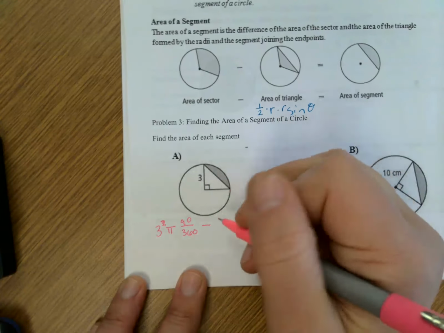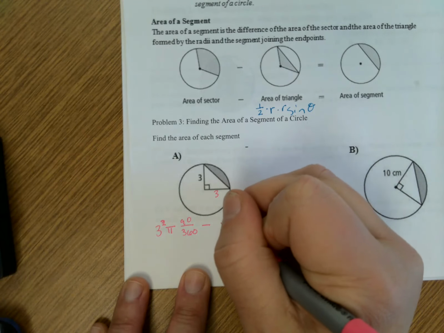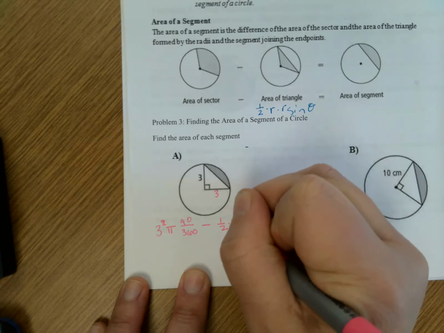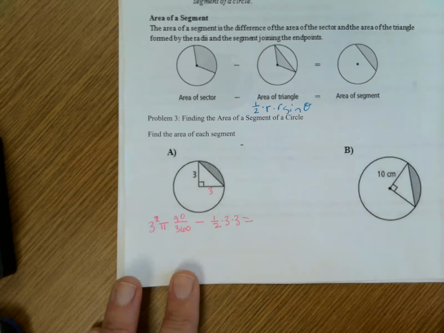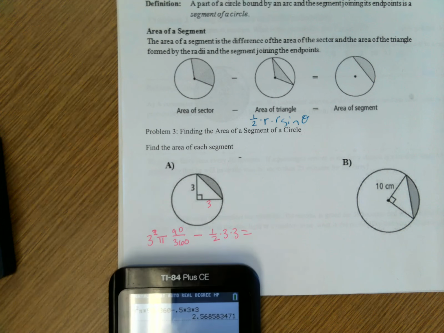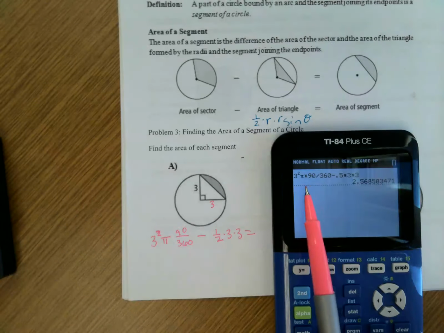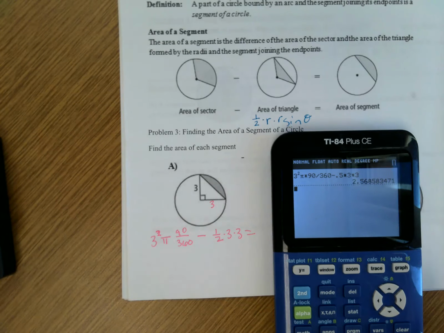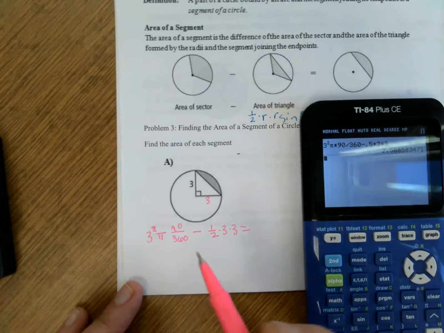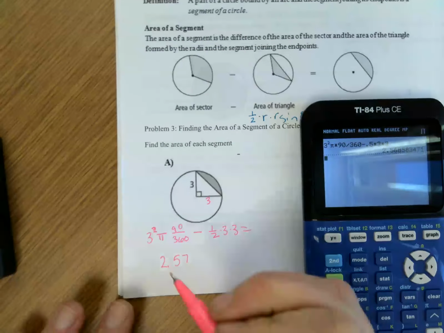I'm going to use the fact that we have the base, and whenever you have a radius, it's always the same. So the base times height divided by 2, and that will give me the area of my segment. So this is what I typed into my calculator. 3 squared times pi times 90 divided by 360, that's the area of the sector, minus my triangle. So the area of that segment would be about, I'm going to round to 2.57.